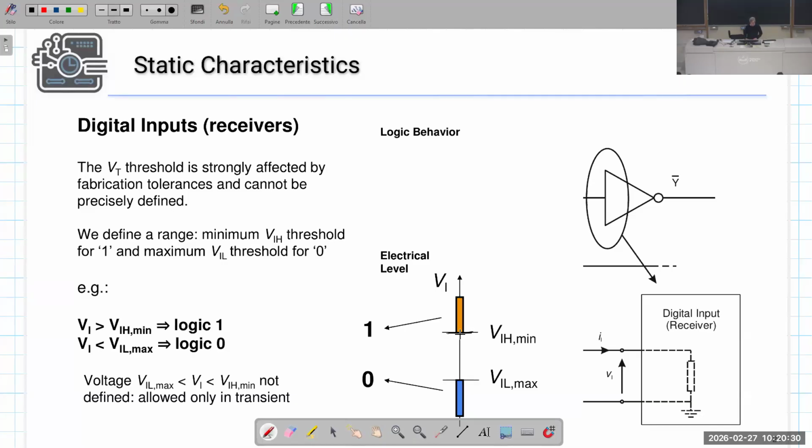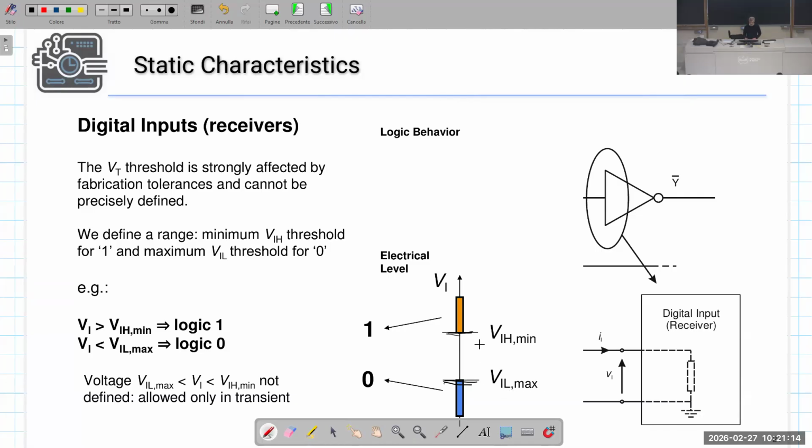In particular, the minimum voltage which is recognized as a logical 1, VIH minimum, the minimum voltage above which the logical gate recognizes that a logical 1 is applied, and the maximum voltage that can be accepted as a low logic level, called V input low maximum, VIL maximum.